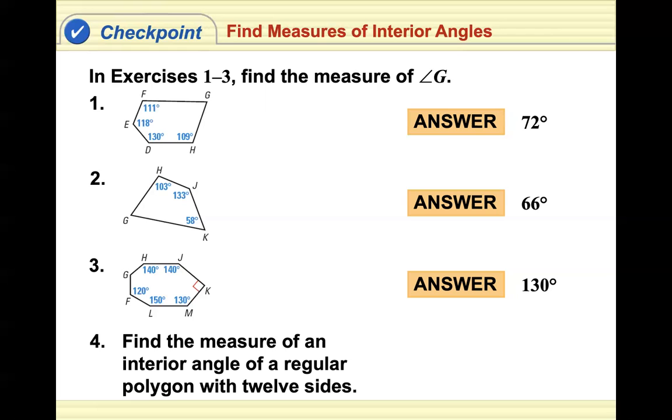Okay, so put 12 in for n. 12 minus 2. And once you get that number, the sum, then divide that by 12.